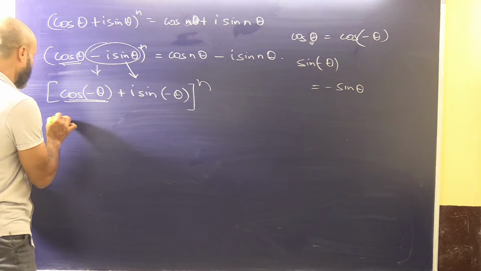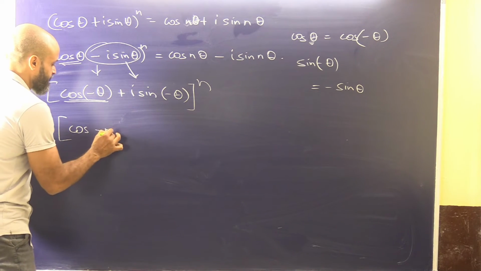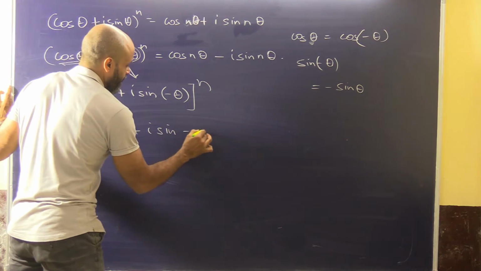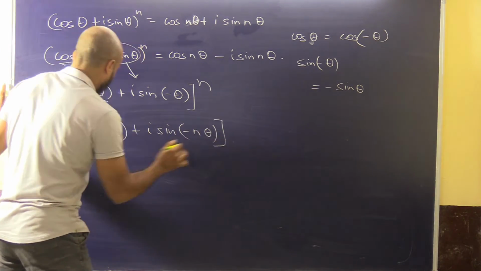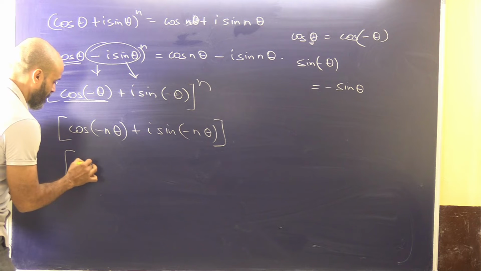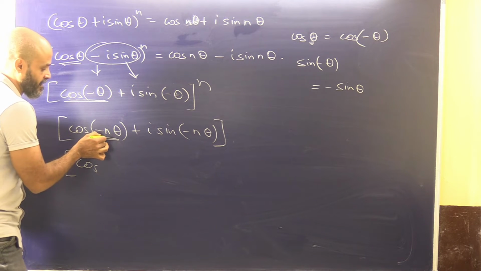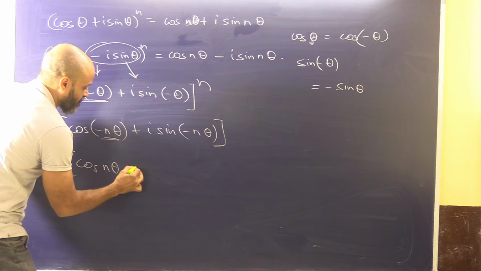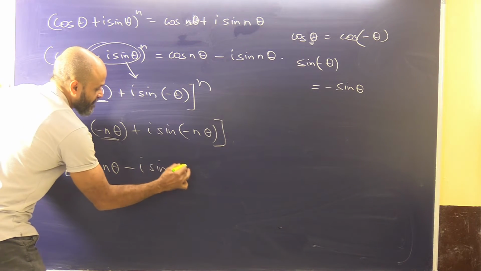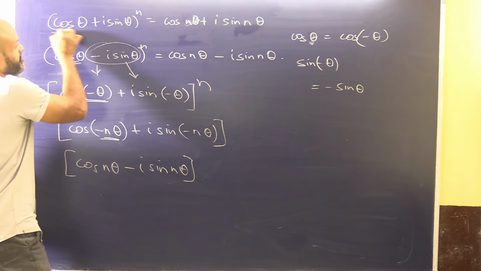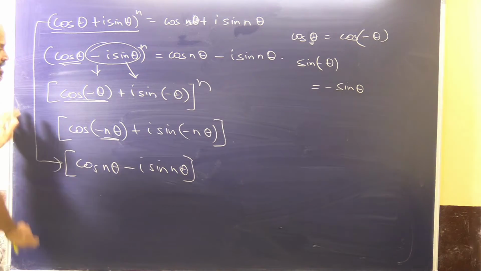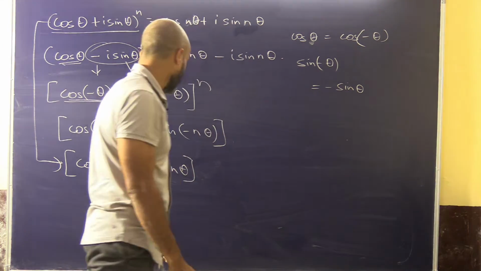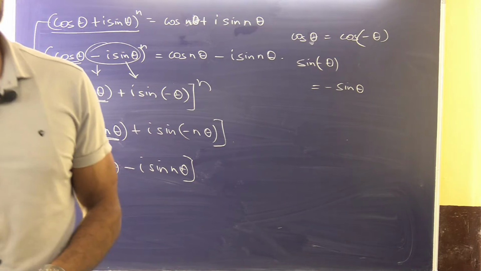So in this case it will be cos minus n theta plus I sin minus n theta. This would mean now again this will turn into positive, so cos n theta, and this minus comes out, minus I sin n theta. So that's how it is. This will be equal to this. We can take a snapshot of the same.